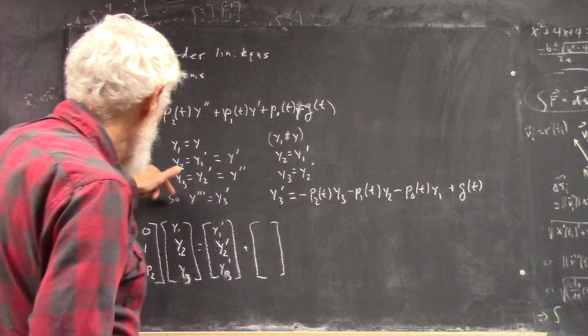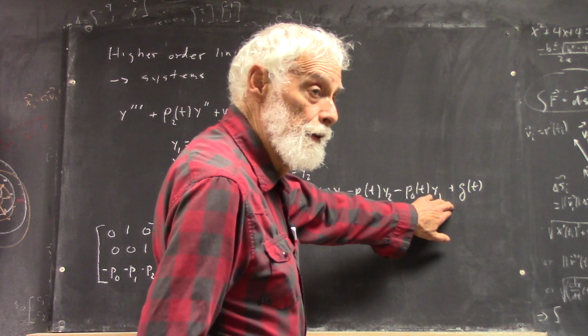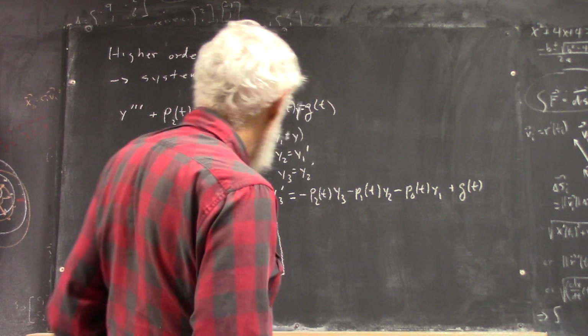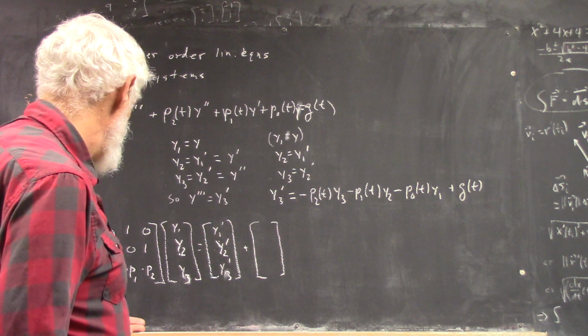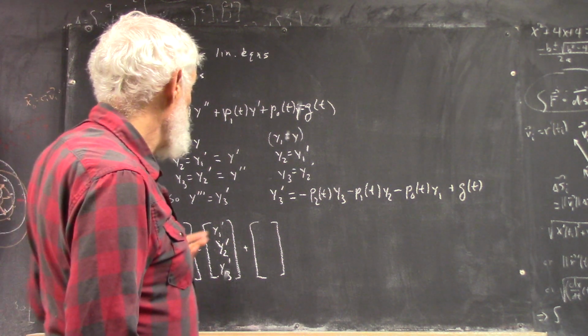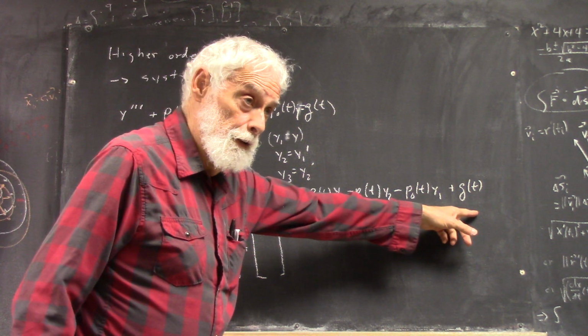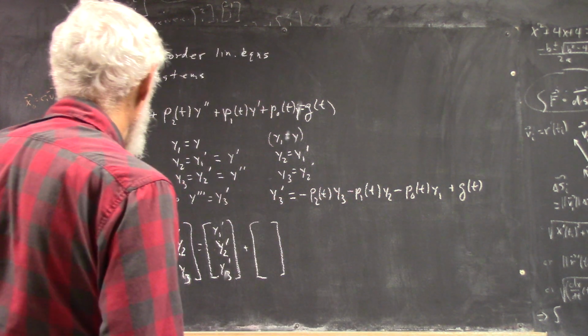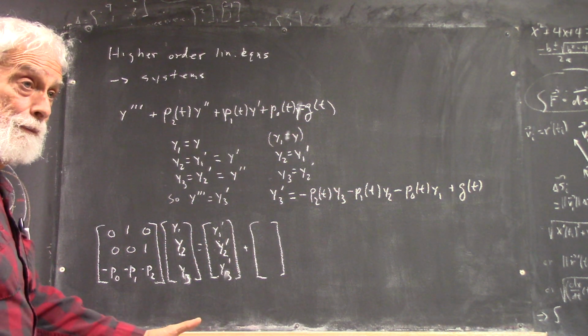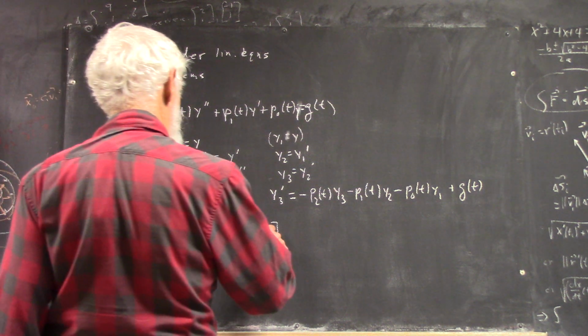And we multiply that by these, and we get this much of this equation. Okay? But y3 prime also has to include g of t. Well, we can't put that into the matrix, and you can play around with it and see why.